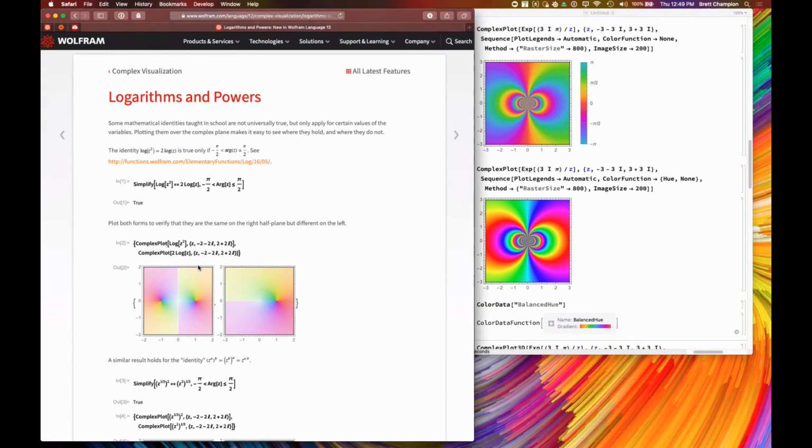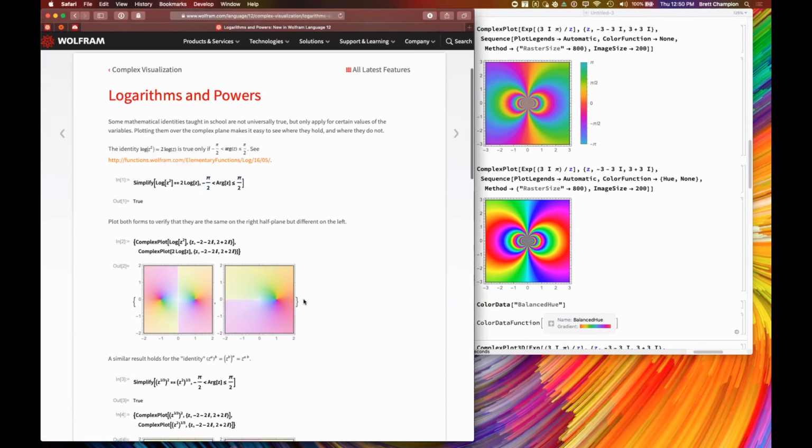This sort of thing comes up relatively frequently when people are working with a system like Mathematica, where the answer they expected to get isn't the answer they got. It's because the answer that they expected to get, having done it by hand, is relying on an identity such as this that isn't globally true.